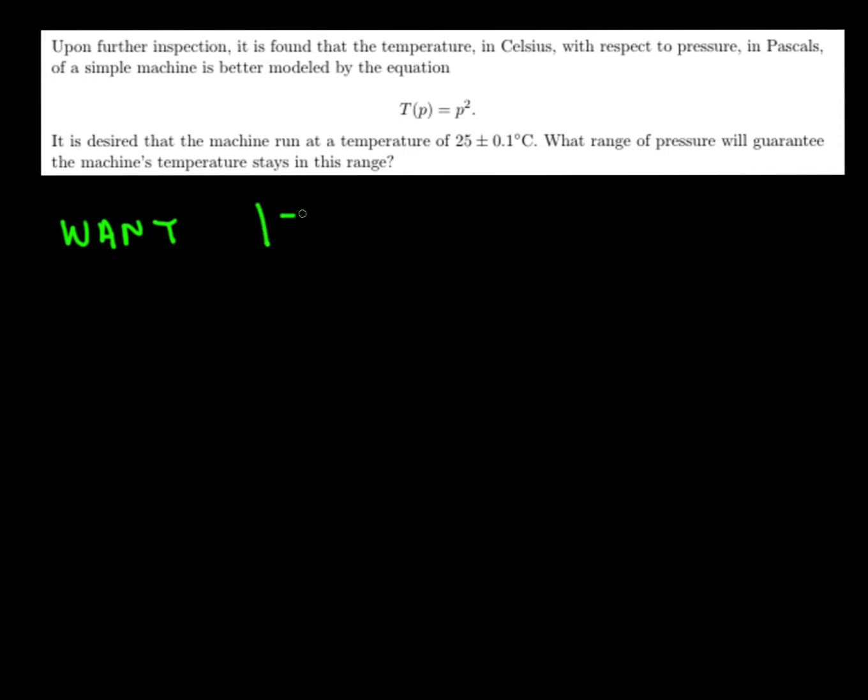I want that the difference between the temperature and 25 degrees Celsius to be less than or equal to 0.1. That's the same as saying this statement here. But then what is T now? This is telling me that the absolute value of P squared minus 25 has to be less than or equal to 0.1.